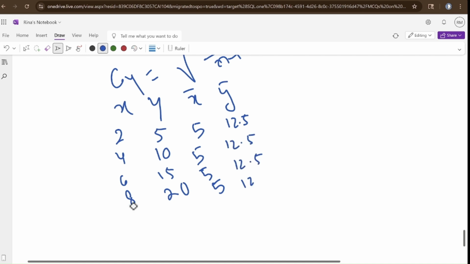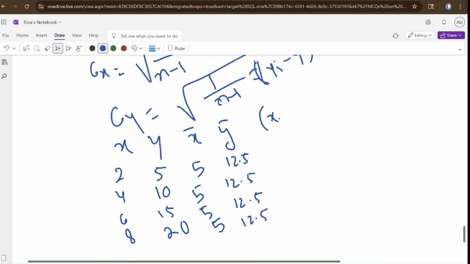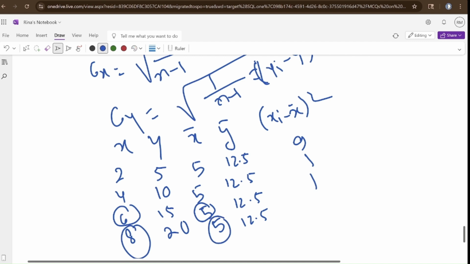Now we have to calculate (xi minus x bar) whole square, so whatever value we have, we have to square it. 2 minus 5 is minus 3, squared it will be 9. 4 minus 5 is minus 1, squared 1. 6 minus 5 is 1, squared 1. 8 minus 5 is 3, squared 9.